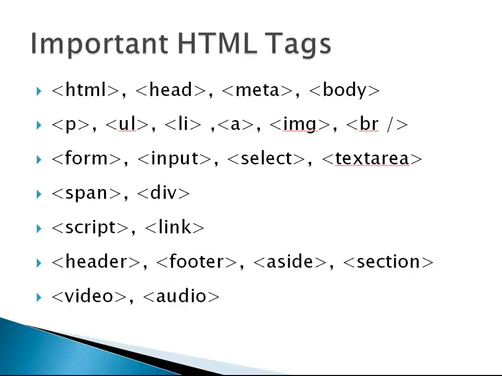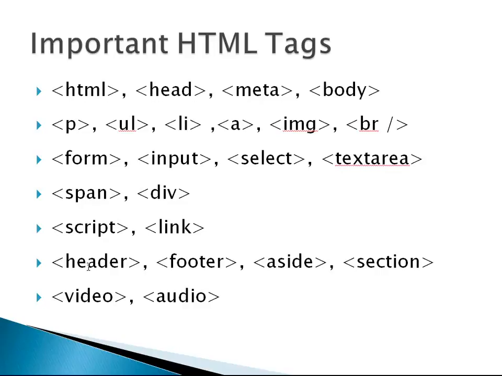And this is just some basic HTML tags that you probably should know. The document tags: html, head, meta, body, paragraph, lists, links, images. Form tags: we have the form, input, select, textarea, span and div, script, and link, which usually go in the head tag.